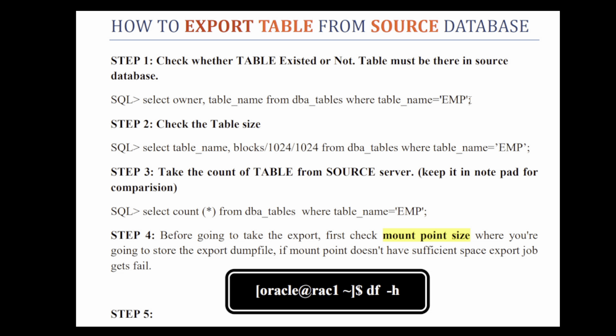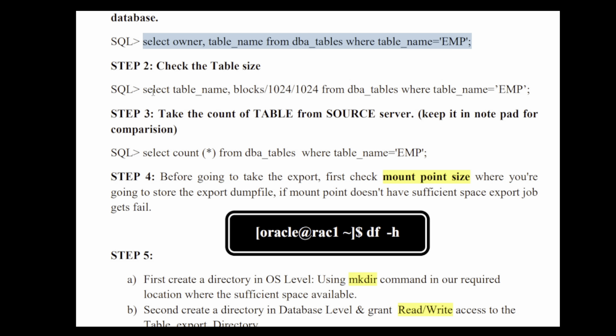For example, I am taking the employee table, or address table, payments table, like that. Whatever the table is, you need to give it in single quotation marks in capital letters, then semicolon, enter. It will give the reply. If it exists, then it will show the table and to whom it belongs, meaning the owner.